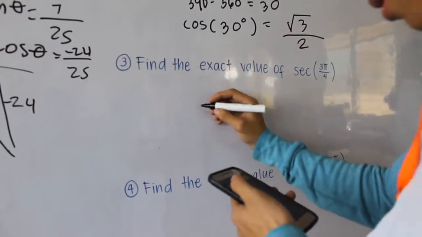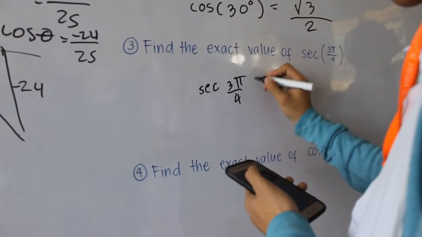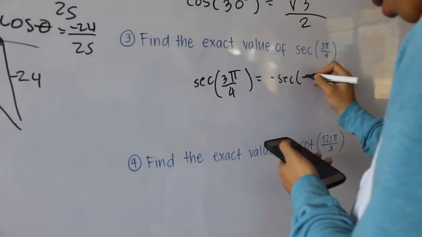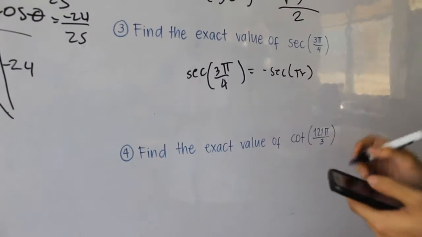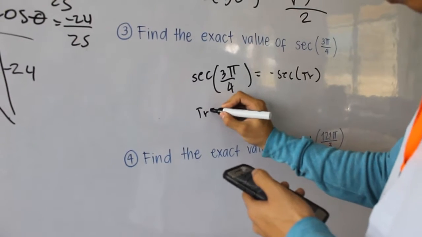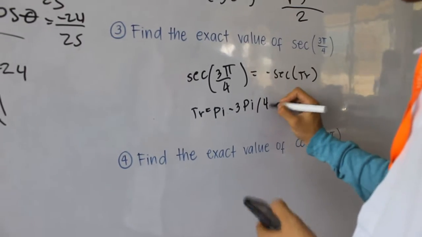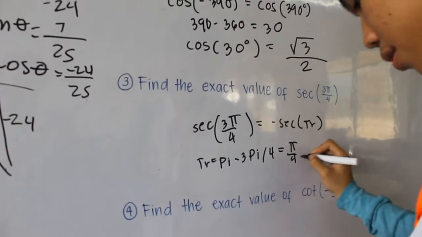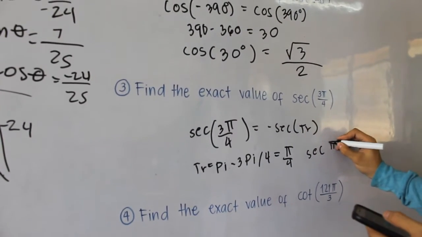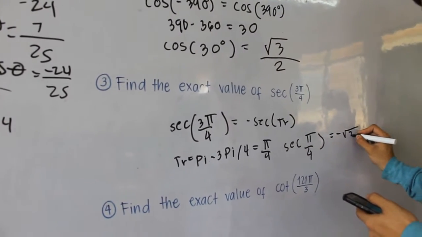Hence, secant 3 pi over 4 is also equal to negative secant of theta R. Theta R is the reference angle to 3 pi over 4 and is given by pi minus 3 pi over 4 equals pi over 4. And since secant pi over 4 equals square root of 2, the answer is negative square root of 2.